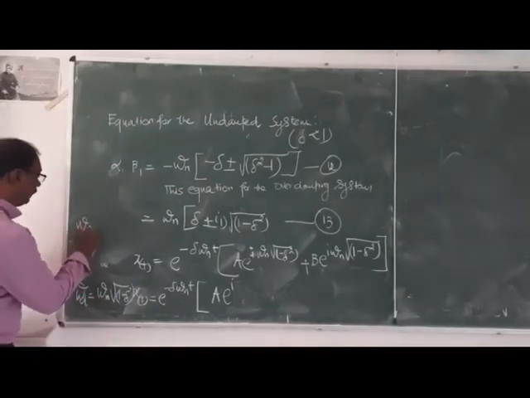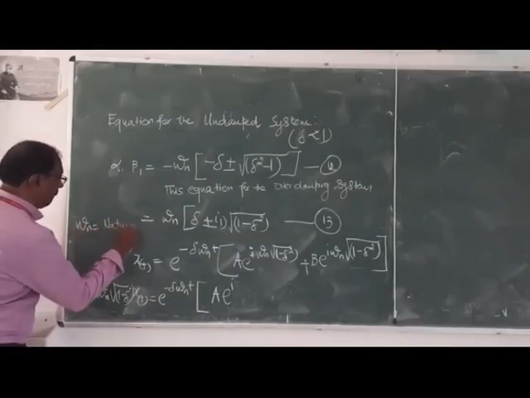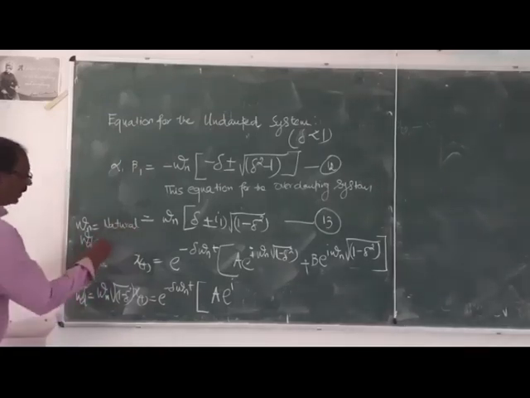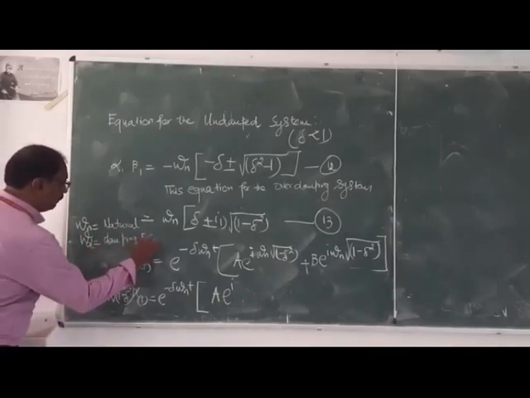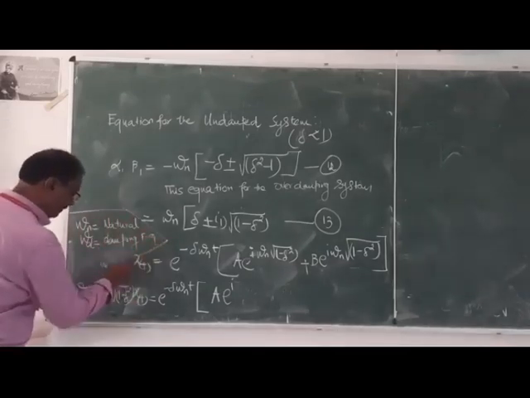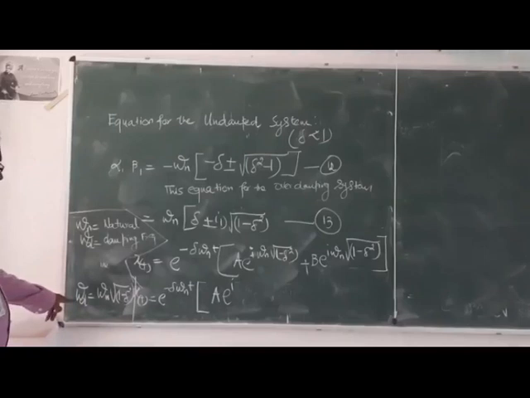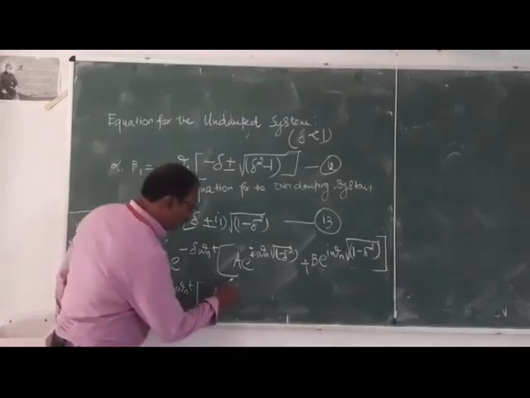Omega n is the natural frequency, omega d is the damping frequency. Omega d occurs in the underdamping system: omega n root of 1 minus rho square. I rewrite this one.